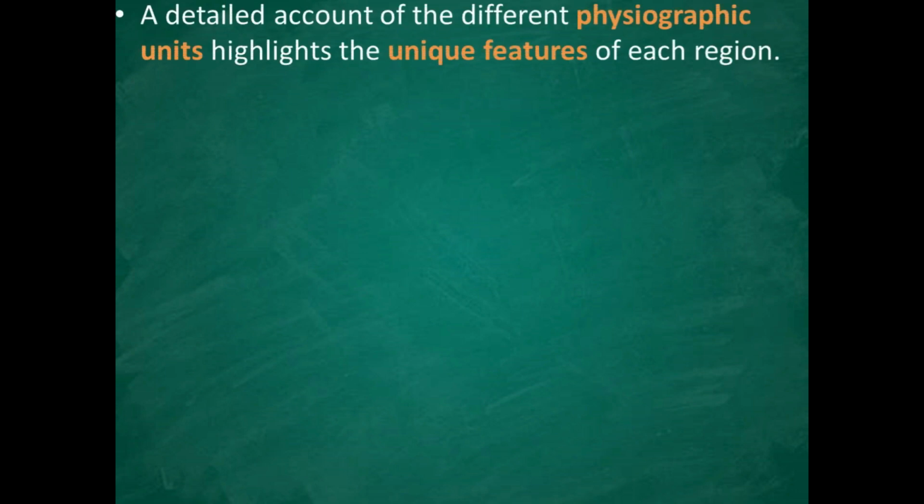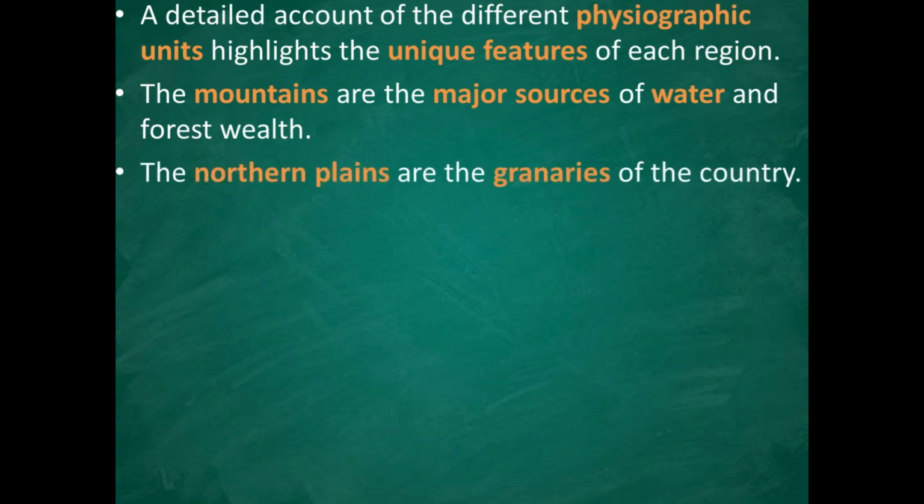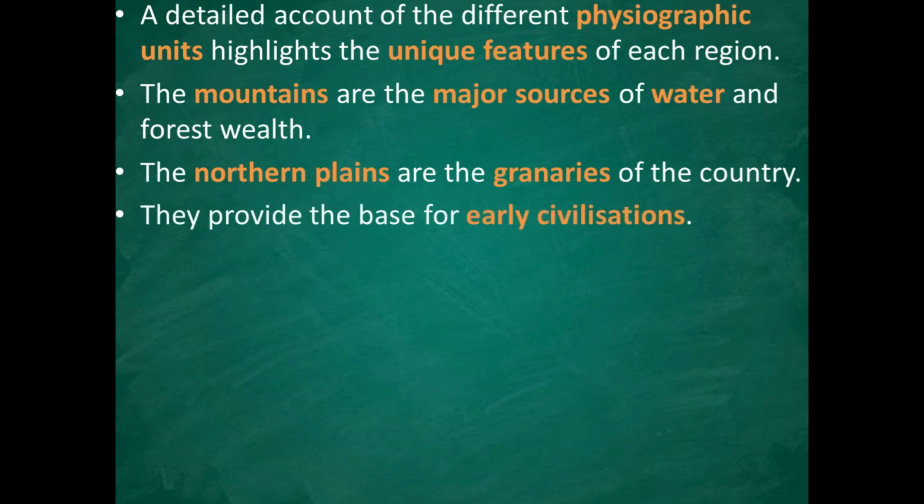A detailed account of the different physiographic units highlights the unique feature of each region. The mountains are the major sources of water and forest wealth. The northern plains are the granaries of the country. They provide the base for early civilizations.